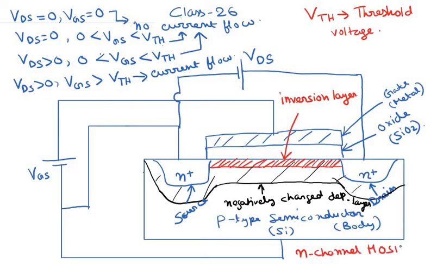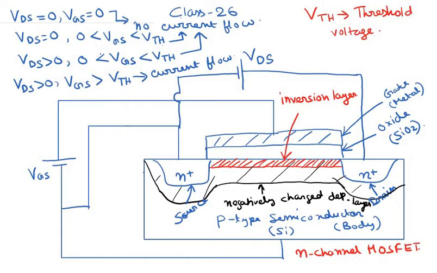N channel MOSFET in the sense that the channel or inversion layer contains mobile electrons. Electrons have a negative charge, and that is why this channel is known as N channel. From there the name has come, N channel MOSFET.